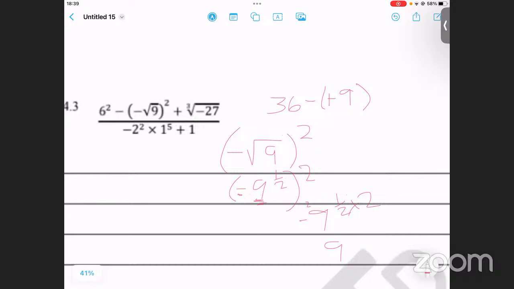So we're going to have a 9 to the power of 1, because 1 divided by 2 multiplied by 2 is equal to 2 over 2, which is equal to 1. Hence, we are having a positive 9 here, because if you have a square root, a square, and inside the bracket is a negative, that means we're gonna have a positive. It will change to positive. Are we together?